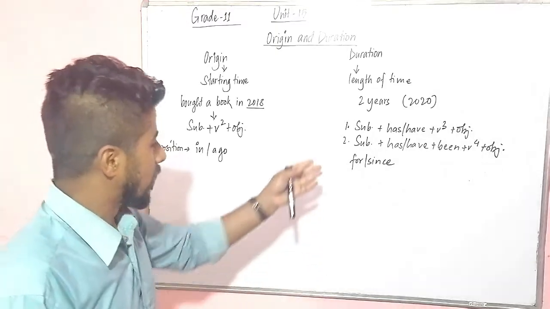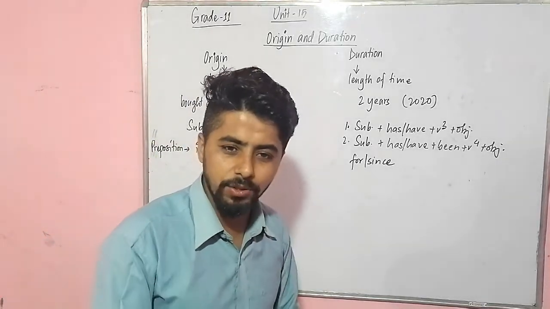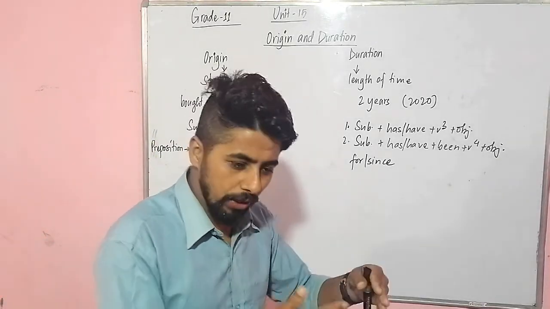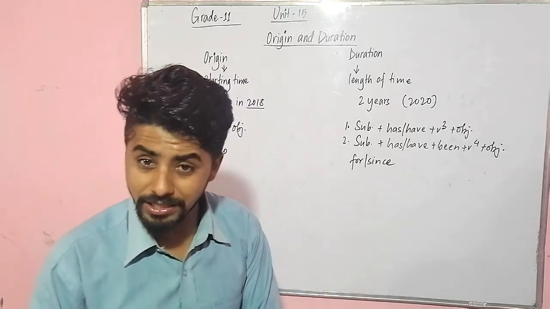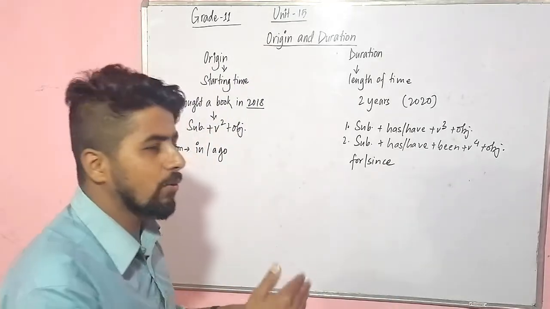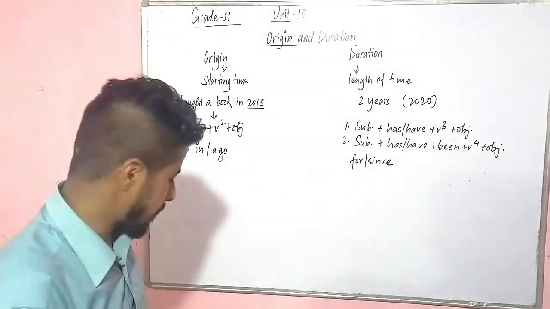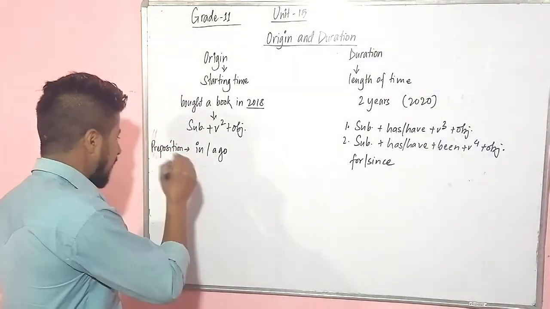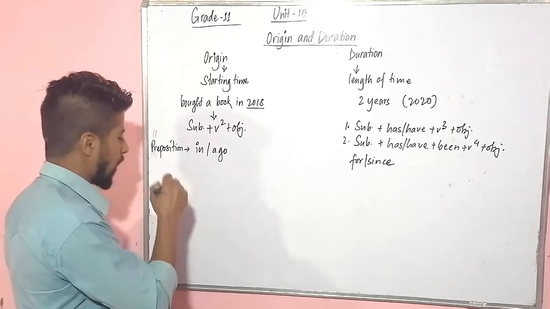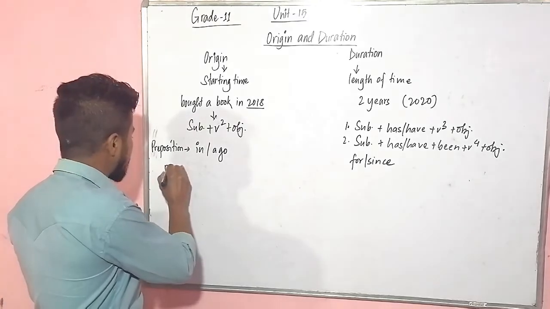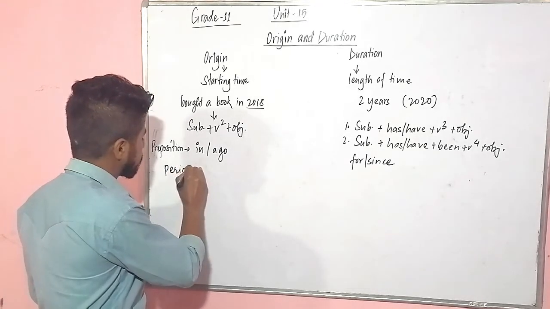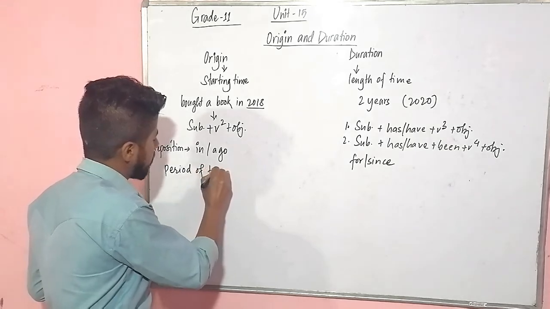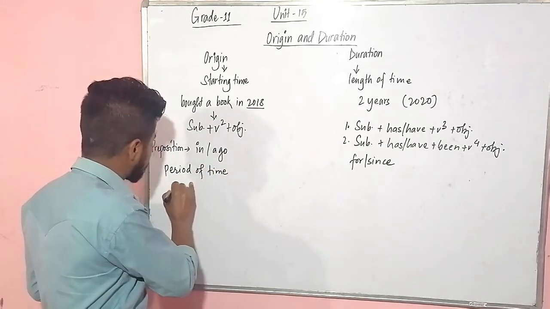No. For or since also should be used separately. So where to use for, where to use since, where to use in, or where to use ago. I'm going to tell about the same thing here. Now listen carefully. The two parts you have to understand are period of time and point of time.